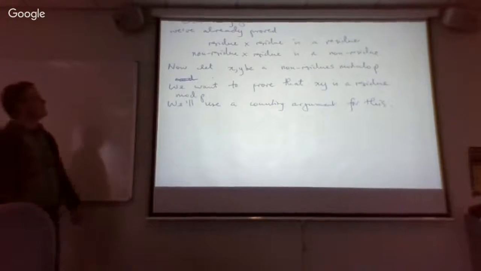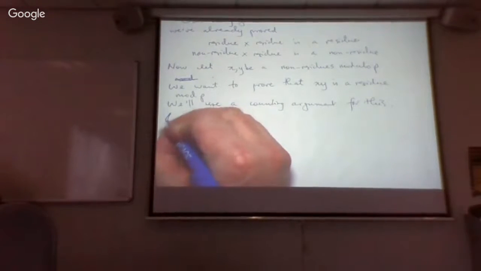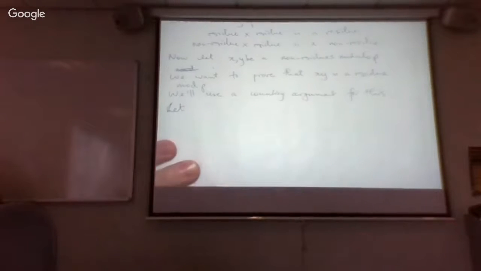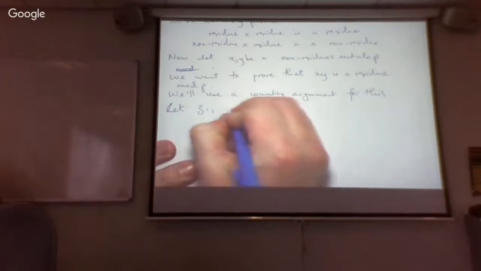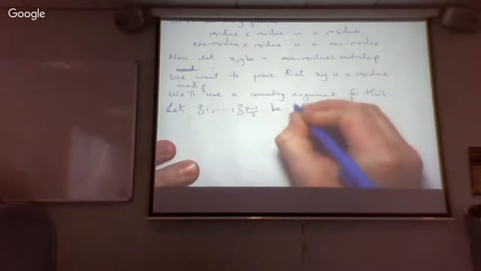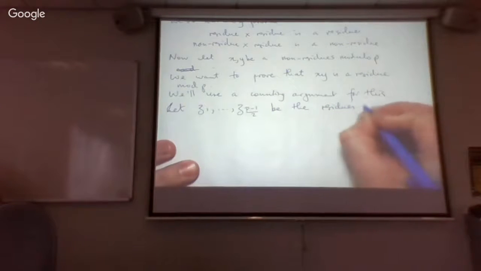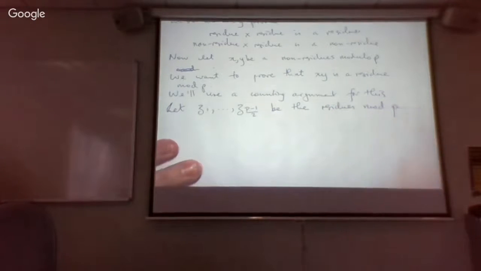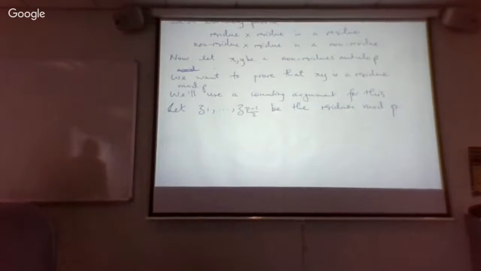So let's think about this. Let Z1 to Z p minus 1 over 2 be the residues modulo p. I should have called them R. What's a residue? A residue is a number which has a square root modulo p.